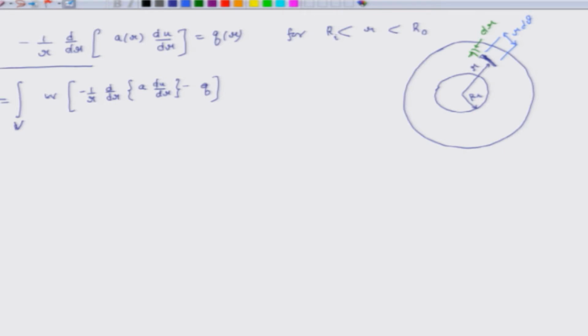So, the volume of an element, since I will be integrating with respect to volume, dV is equal to r times d theta times dr, which is the area of this small cross section element, and then in the z direction it is dz.